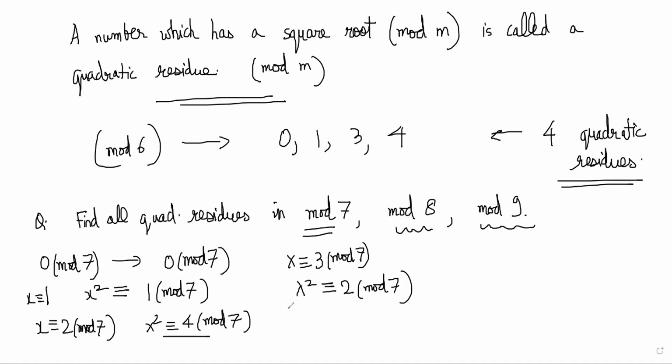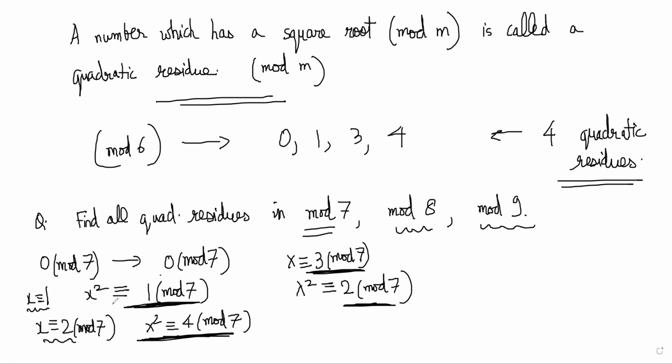And now notice one nice thing. We covered the 3 cases so far, when x was 1 mod 7, 2 mod 7, and 3 mod 7.